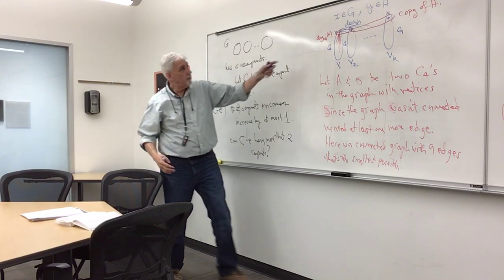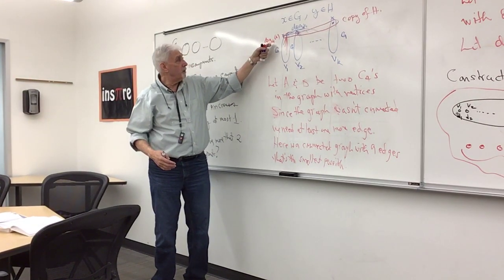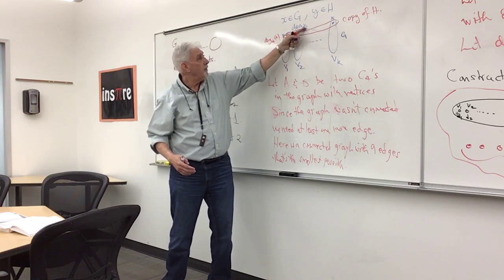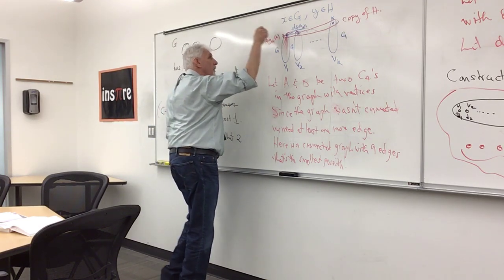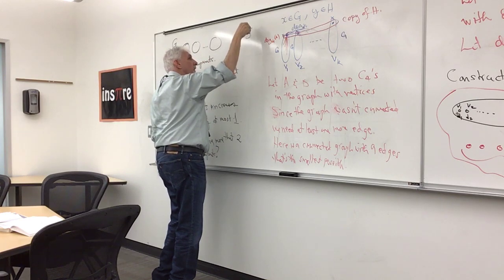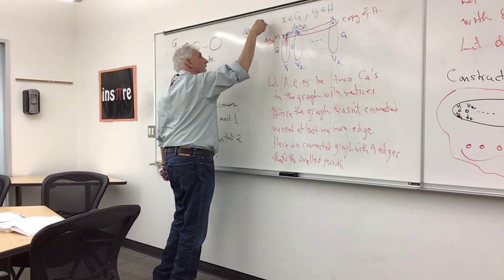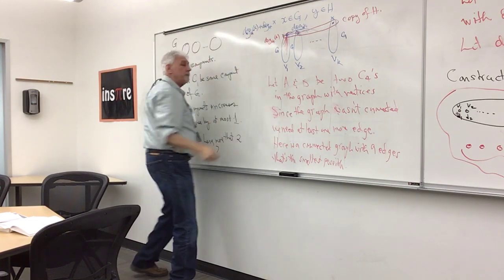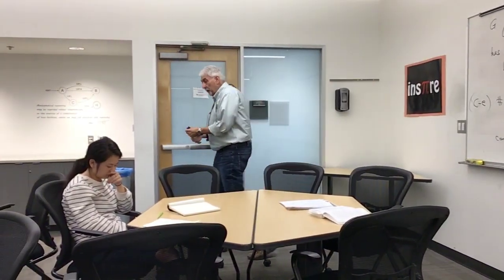Up and down, the degree of x in this copy of G is the degree in G of x. Across, it's the degree of v, in this case v1, in H. So the degree in the whole graph is going to be the degree in G of x plus the degree in H of v1. So you add the degrees up.